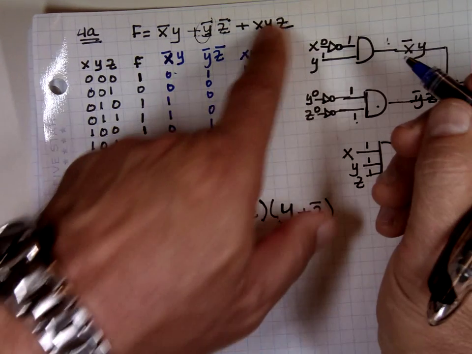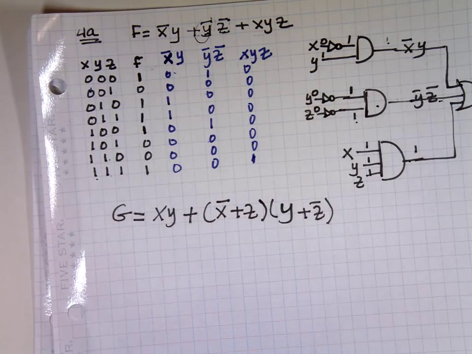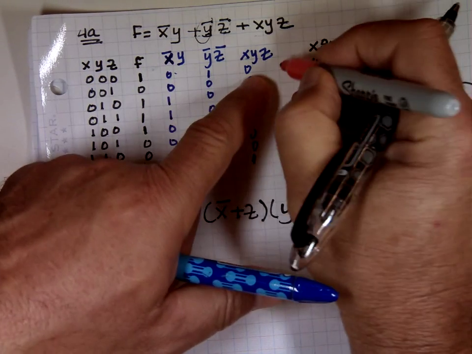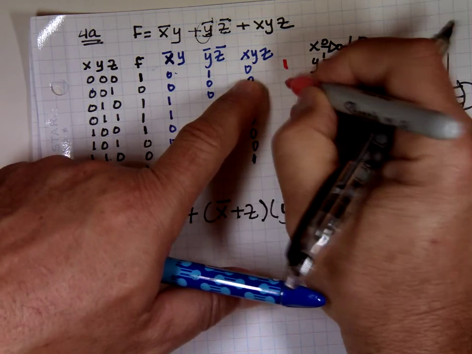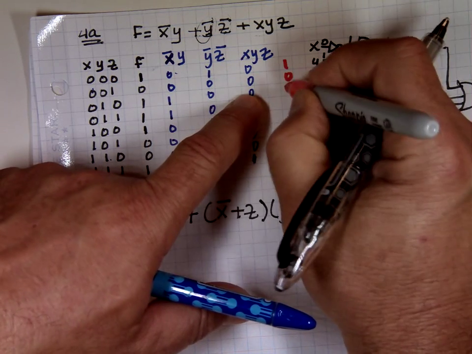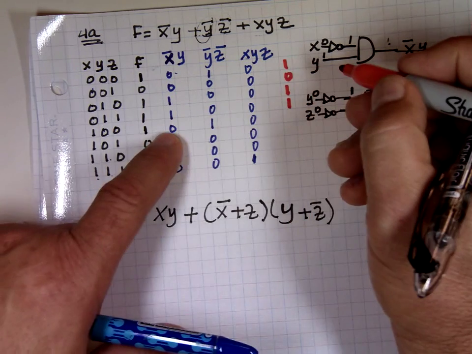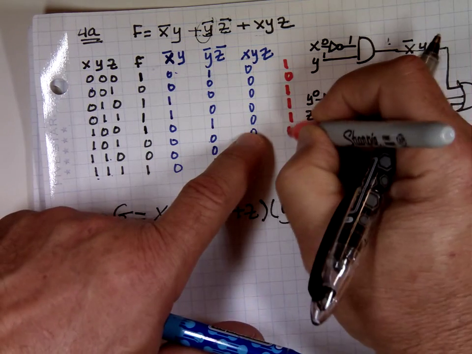Now this one says what? Take the output of this, the output of this, the output of that, OR them together. What is 0 or 1 or 0? 1. What's 0 or 0 or 0? 0. 1, 0, 0, that's a 1. It's an OR gate. 0, 1, 0, 1. 0, 0, 0, 0.